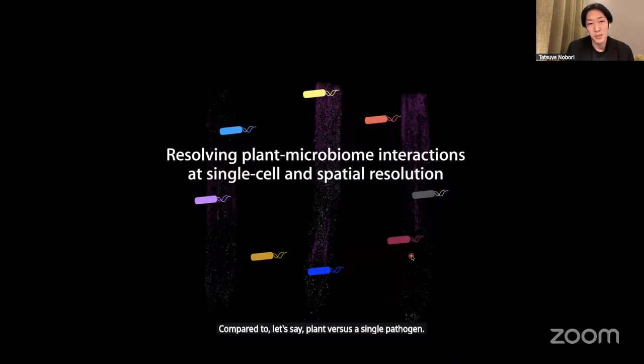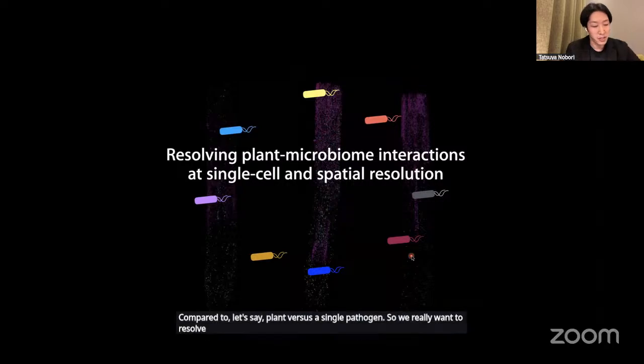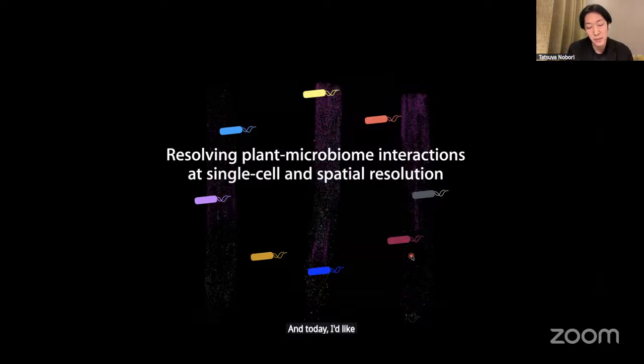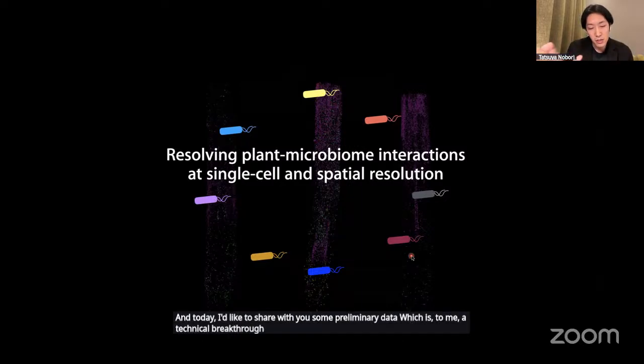So we really want to resolve the plant microbe interactions at single cell and spatial resolution. And today I'd like to share with you some preliminary data, which is, to me, a technical breakthrough for us to achieve this goal.